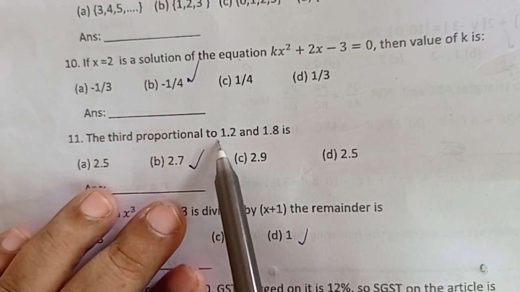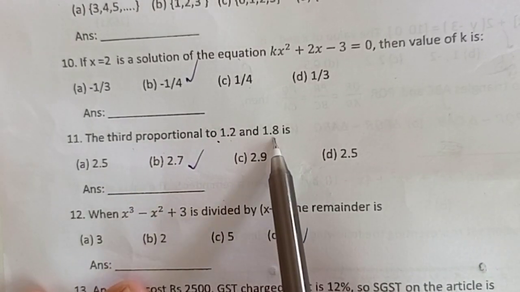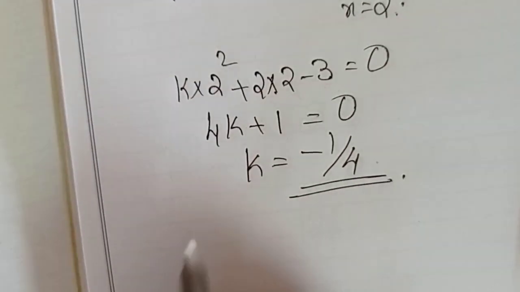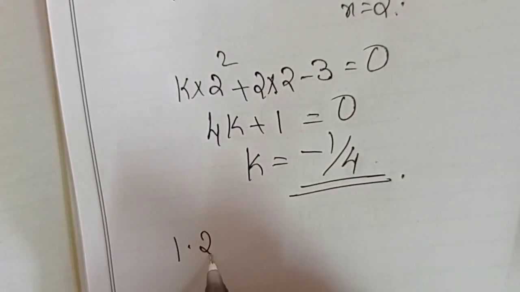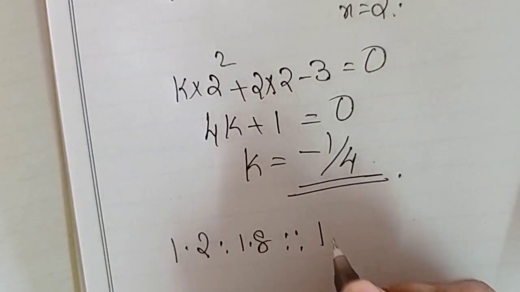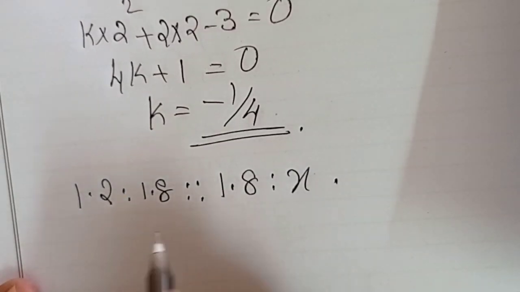The third proportional to 1.2 and 1.8. Third proportional means 1.2 is to 1.8 proportional to 1.8 is to x. All of you agree?